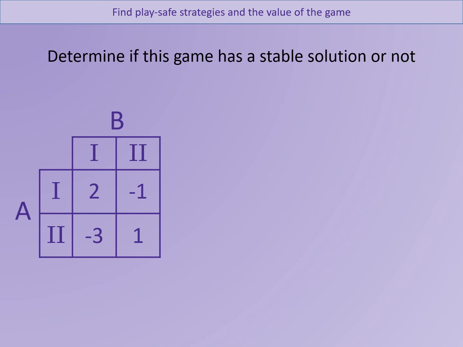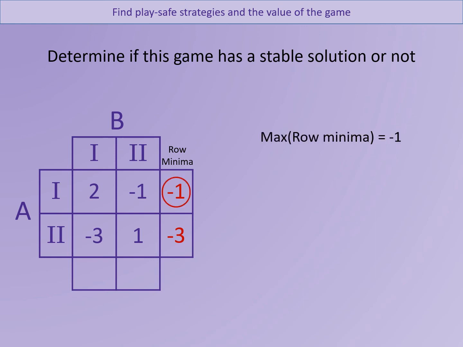Next, we're going to determine whether this game has a stable solution. So we're going to do this by finding the row minima. The row minima for the first row is -1, and for the second row is -3. So they are the worst case scenarios for player A. The maximum of these is -1.